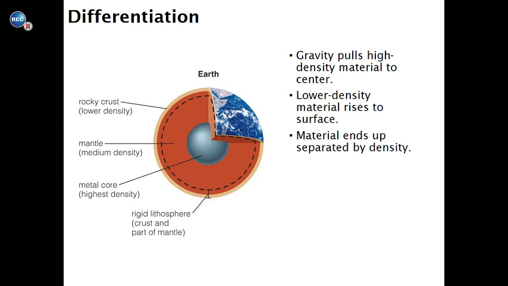The high density stuff falls inwards to the core, and the low density stuff floats and rises up to the surface. This process is going to show up in more places in the universe, but we see it first here in the terrestrial planets: the differentiation of layers by density.